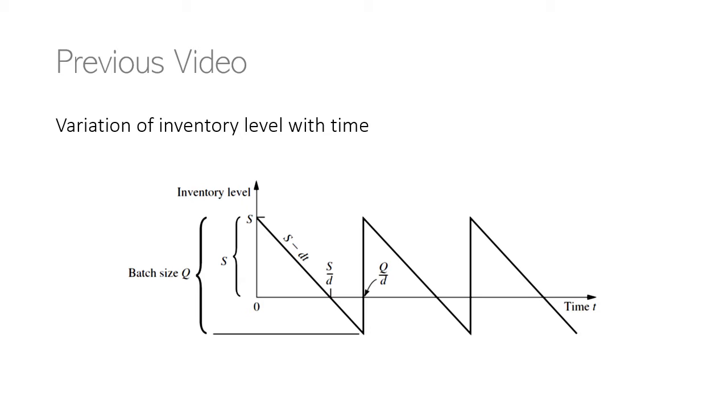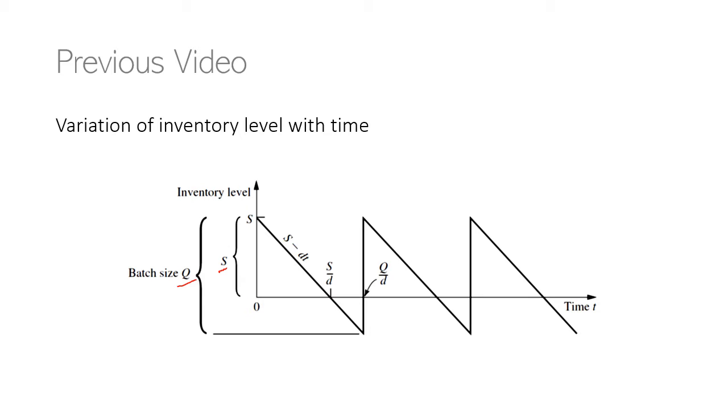Let us again briefly review how we have come up with this diagram. Q is the batch size, or the quantity that the company orders every time it places an order. Capital S is the inventory level just after a batch of Q units arrives in the company.